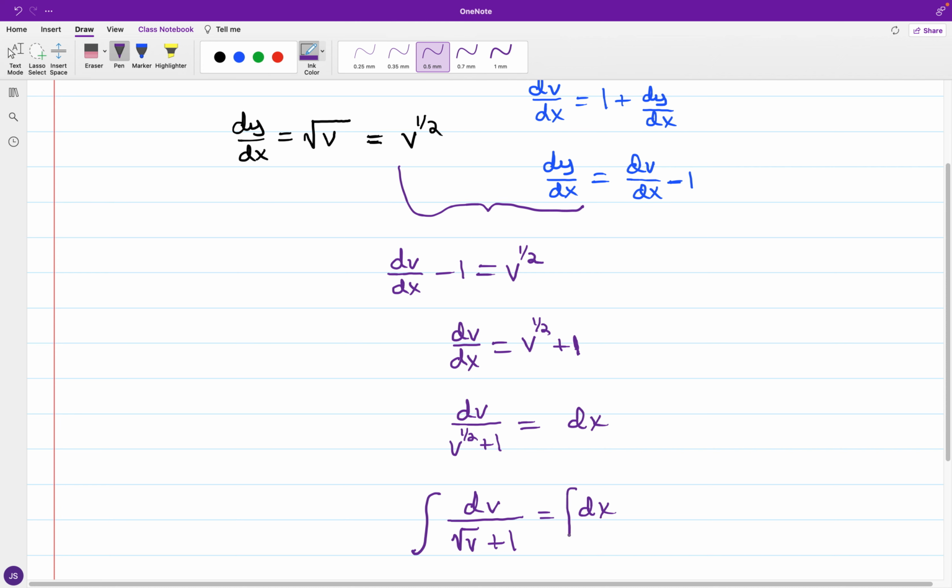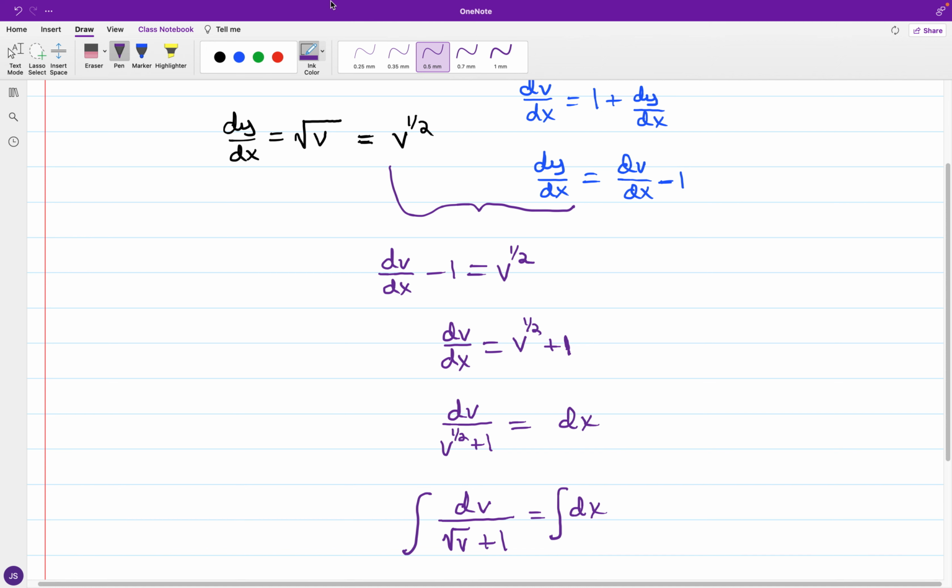Okay, so you have integrating over both sides. Now for what I have to the left, this is a bit of a challenge. Just working over to the side here, you have dv over the square root of v plus 1.